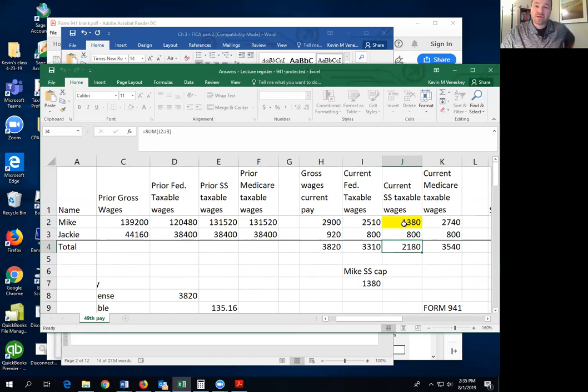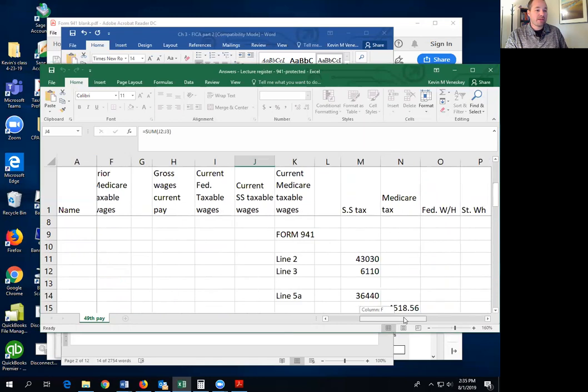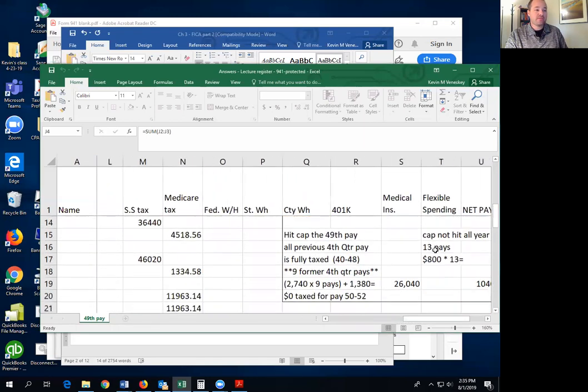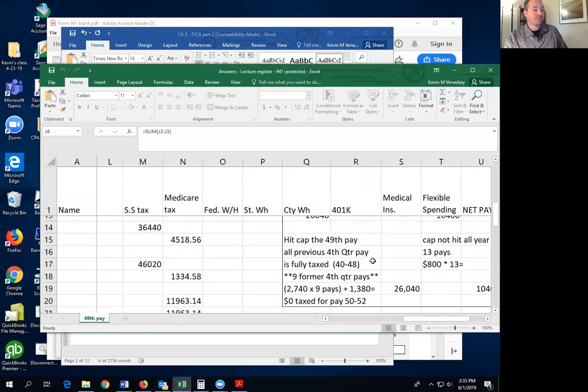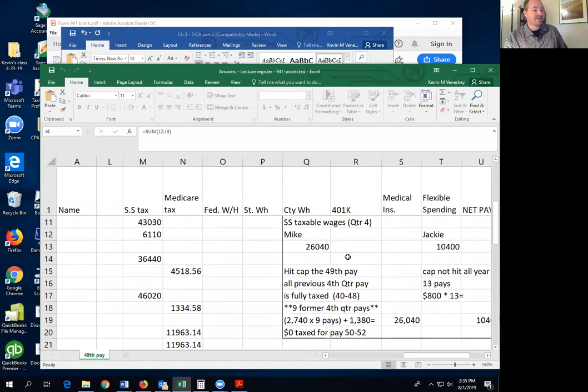But then when you get to weeks 50 through 52, he's not going to be taxed on anything. He's going to have $0. So that's why we have to break down his to figure out how much wages we're taxing Mike, and then we're going to do the same thing for Jackie. All right, so I'm trying to summarize this here in the Excel sheet.